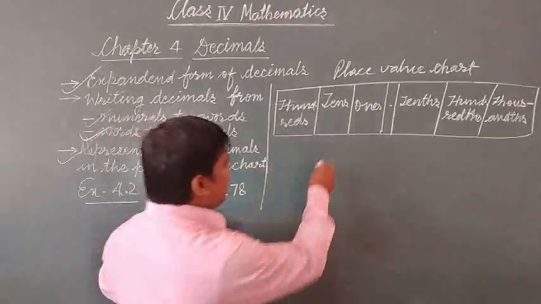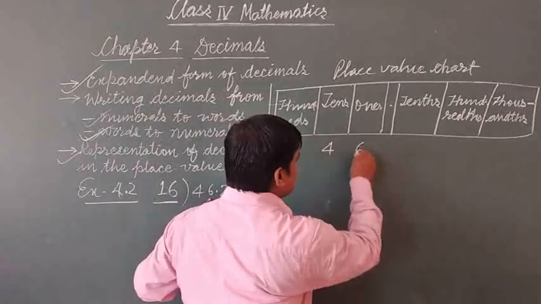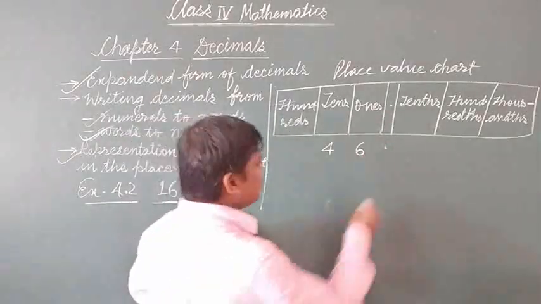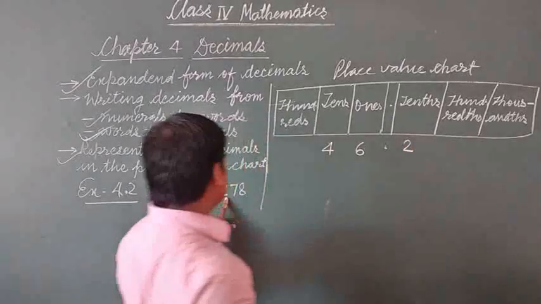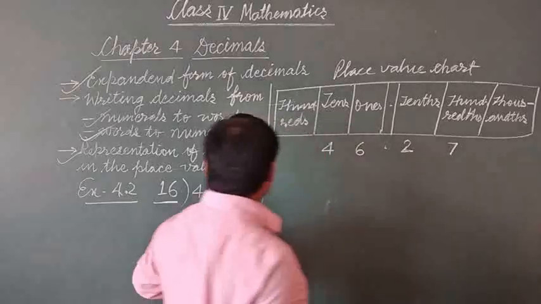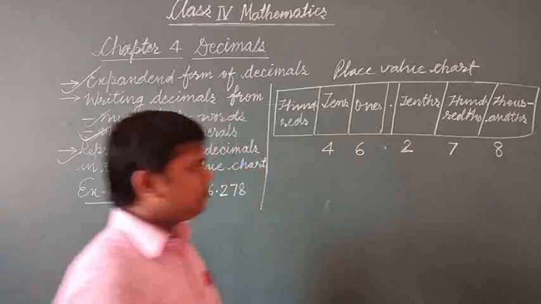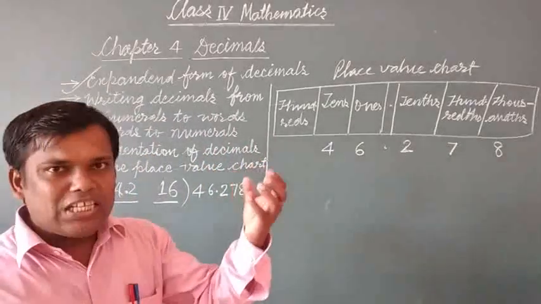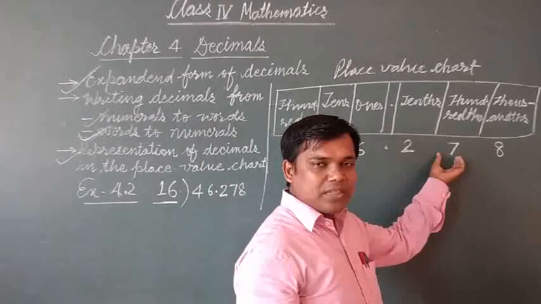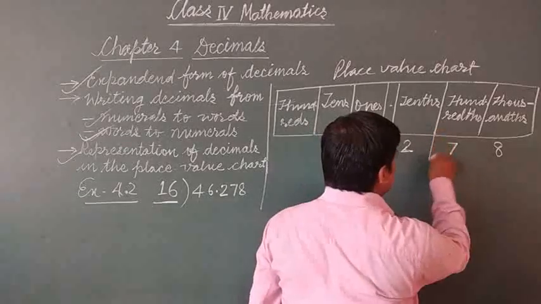So 4 will come here at tens place, 6 will come at ones place, the decimal point is here. Just after the decimal we have 2, so we write 2 at tenths place, then 7 at hundredths place, and 8 will come at thousandths place. Now it is very easy for you to write the place value of digit 7. 7 has come at which place? You can see here.